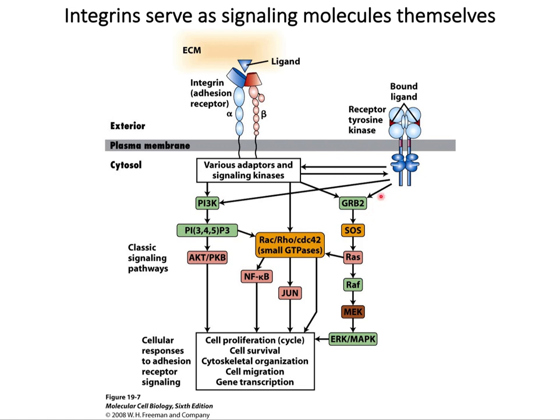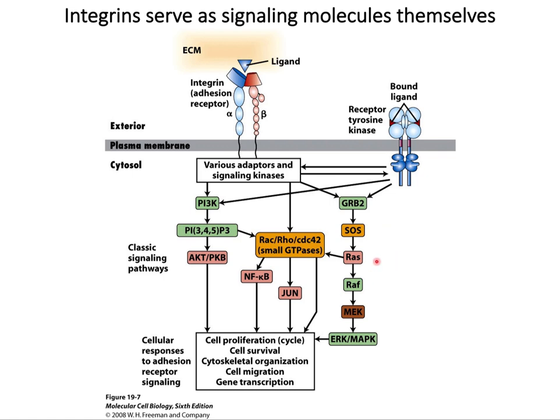One of these pathways we have seen already, and it is the pathway that is also propagated from the receptor tyrosine kinases. So on the right-hand side of the diagram, you can see a dimerized active receptor tyrosine kinase. It is bound to its ligand, so the receptor can activate GRB2, which in turn recruits SOS, which is the guanine exchange factor for RAS.